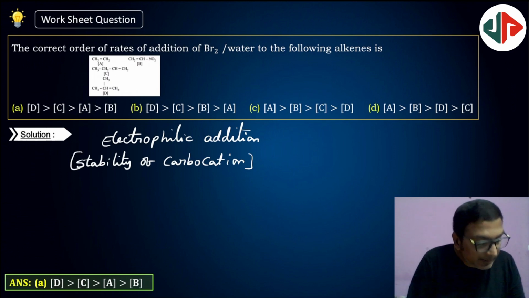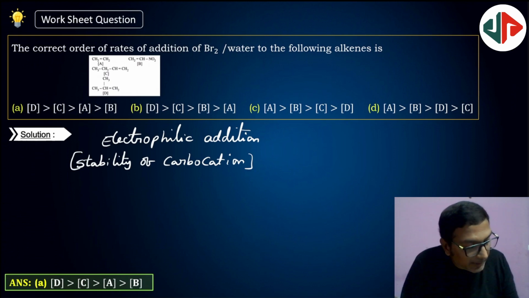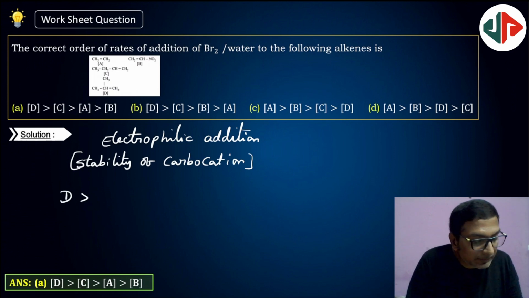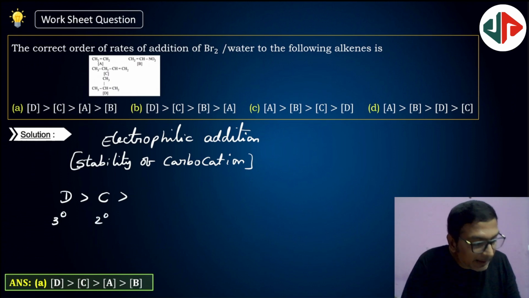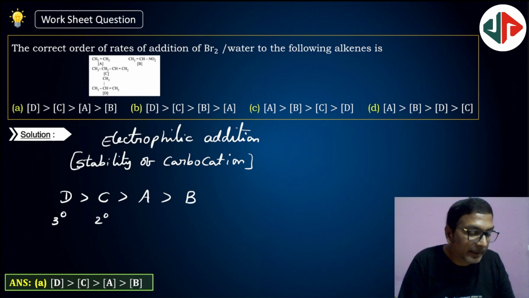Next, so first compound D will give the more stable carbocation. After that C will give, so D tertiary carbocation, C will give secondary carbocation. After that A, at last B, because NO2 is an electron withdrawing group.